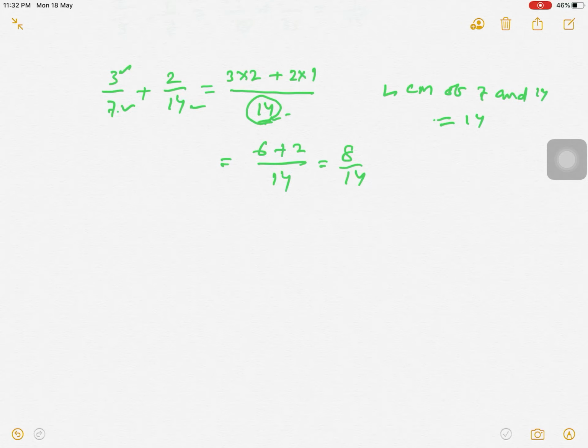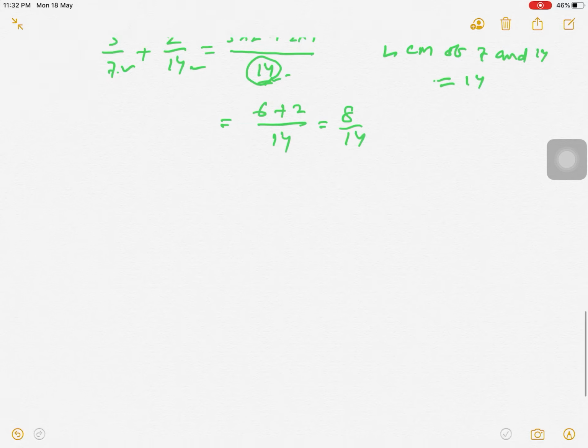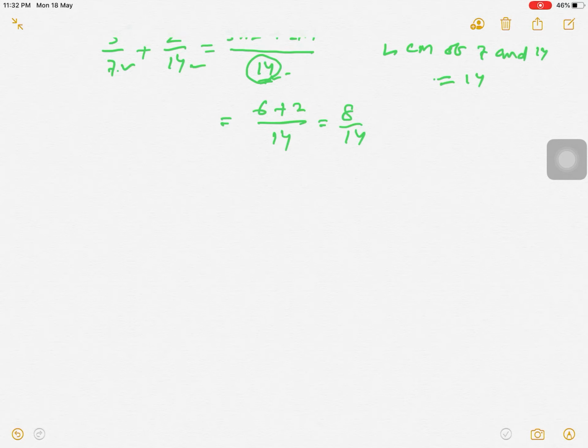Okay, now let us take another example. 3 by 11 plus 2 by 22. Here again LCM of 11 and 22 is 22.